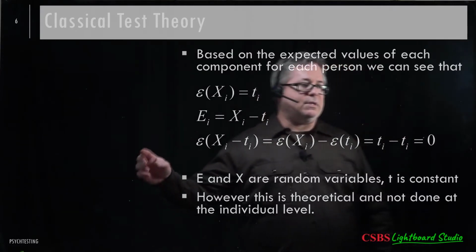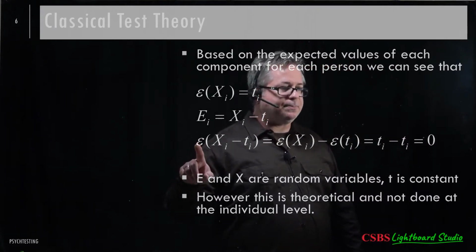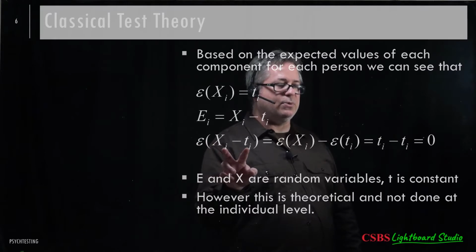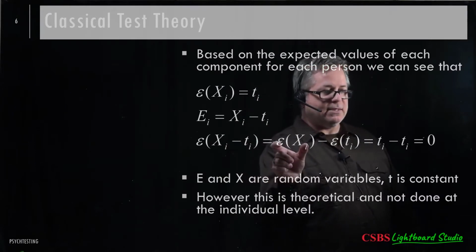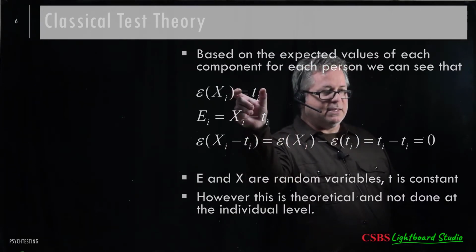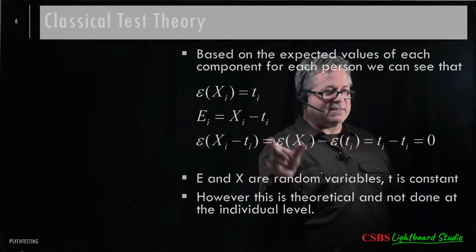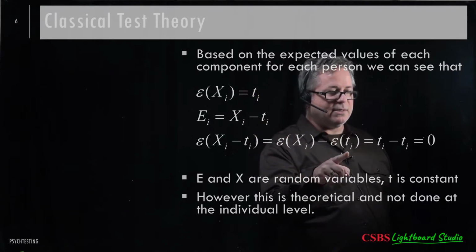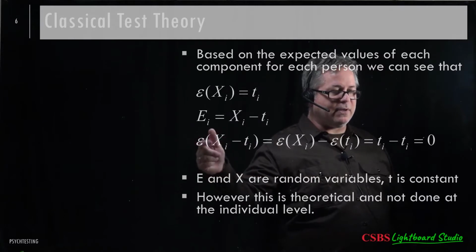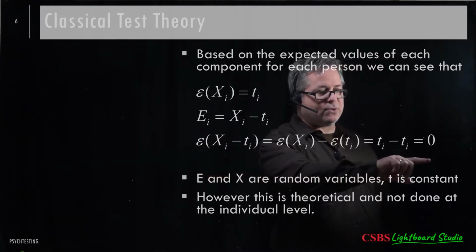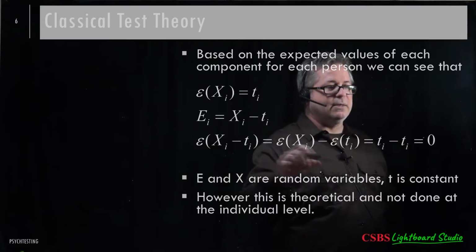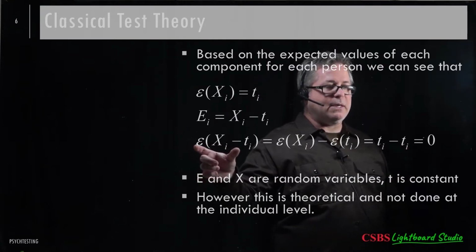So since the expected value of the difference between score and true score is really the expected value of X, the expected value of X is T, right? Expected value of X is T. The expected value of T is also T. So in the long run, if everything's done correctly, the measurement error should cancel out to zero, meaning that we're not expecting any biases, right?